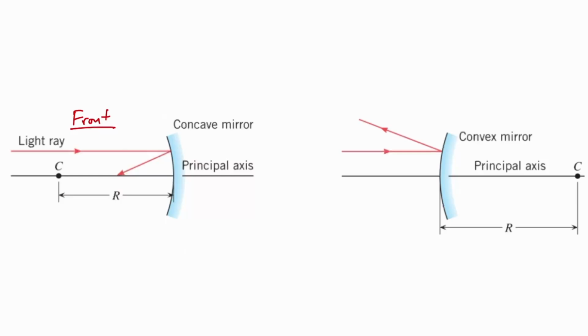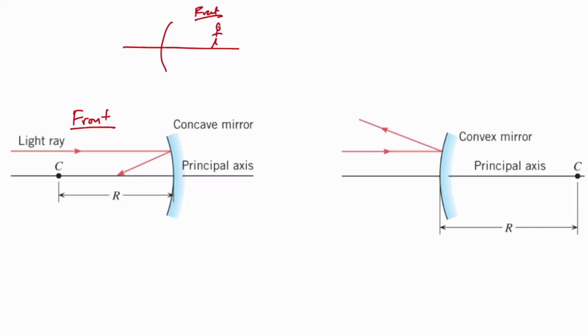So if we drew a ray trace diagram and our object was standing right here, this would now be the front side. In optics, we don't really say left or right, up or down. It's either we're in the front or the back of the optic. For a mirror, the front side is also the shiny side.